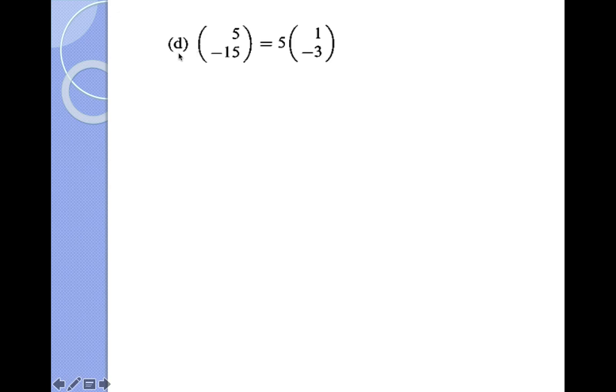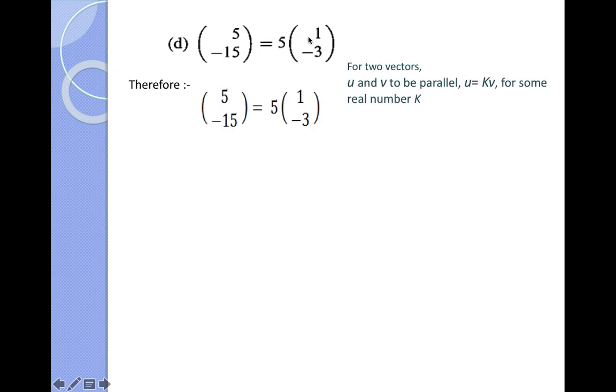Now question number D. The first column vector is (5, -15), and it is equal to the column vector (1, -3) multiplied by a scalar 5. So we will simplify this right hand side and see. You will get (5, -15), right?